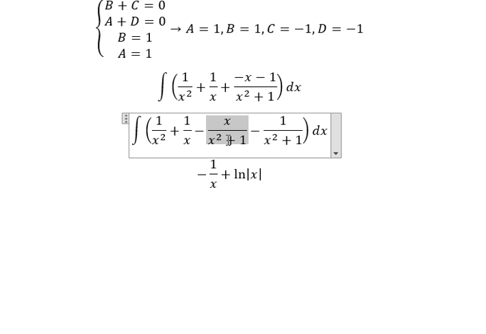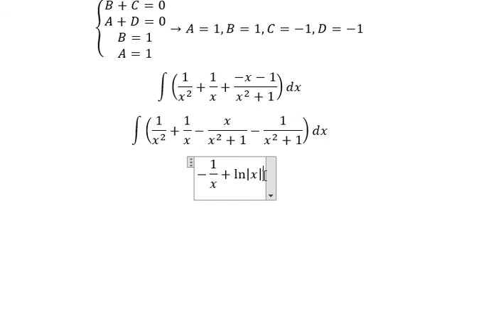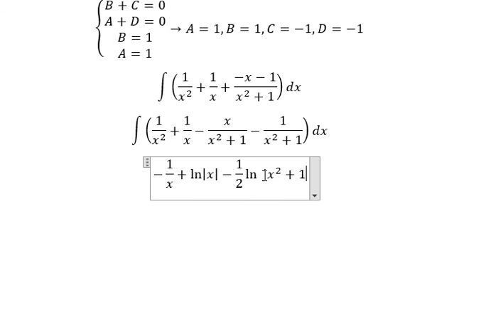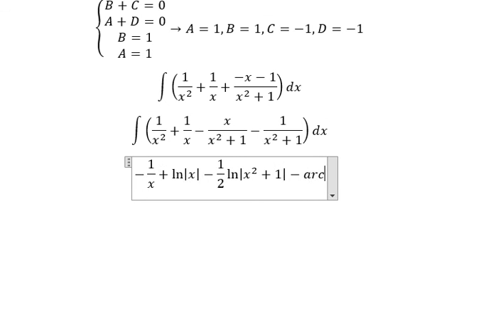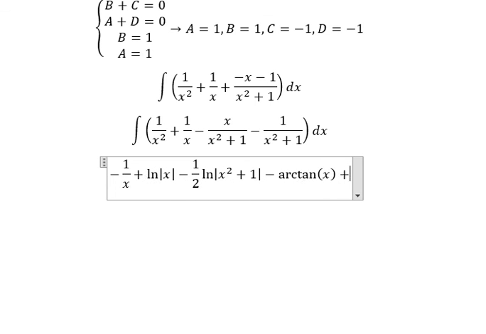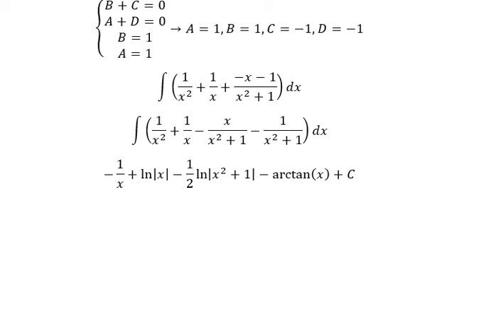The integration of this one in here, we have negative 1 over 2 ln of the absolute value of s squared plus 1. And the last one, the integration of 1 over s squared plus 1, that's arctan of s, and we put plus C. This is the end. Thank you for watching.